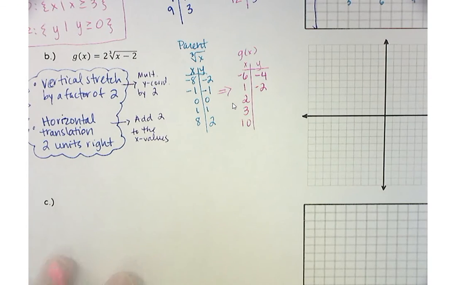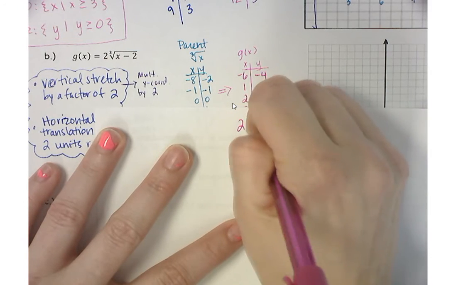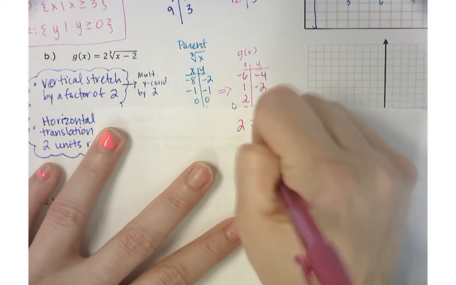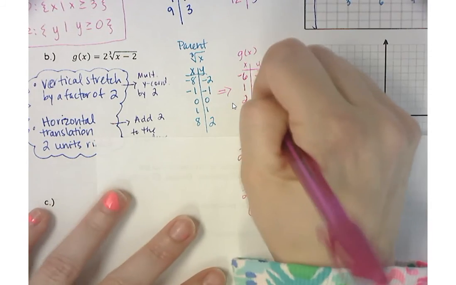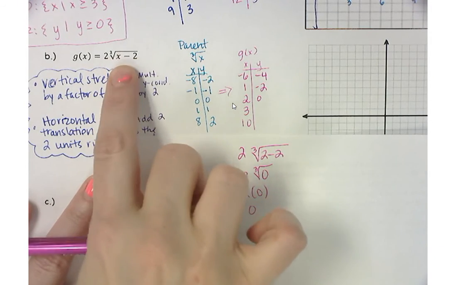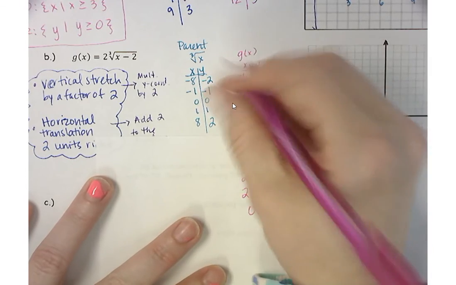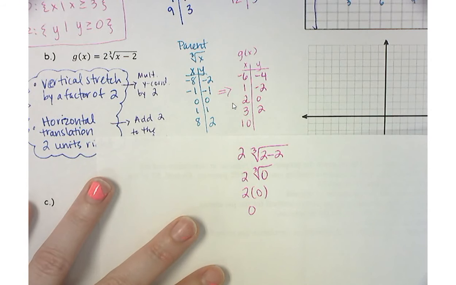All right, and then after you plot that, will you guys do your domain and your range, please? So I'm going to go to 10, up 1, 2, 3, 4. 1, 2, 3. 1, 2. And then I want you guys to think about, too, what does the vertical stretch of 2 mean?